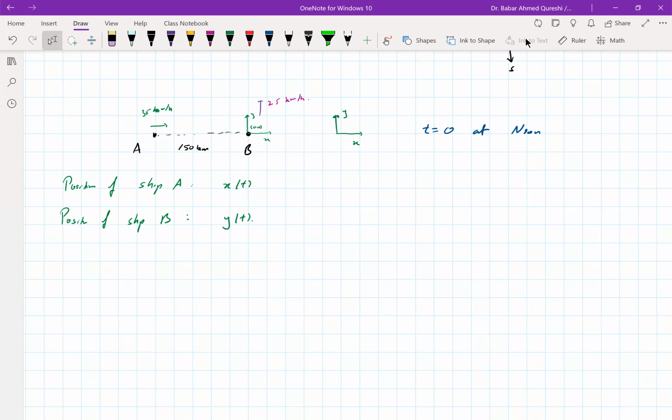Then whatever their positions are, they are with respect to this origin. The distance between them is still given by, wherever they are, doesn't matter where they are. Let's say this is ship A and this is ship B at some point.